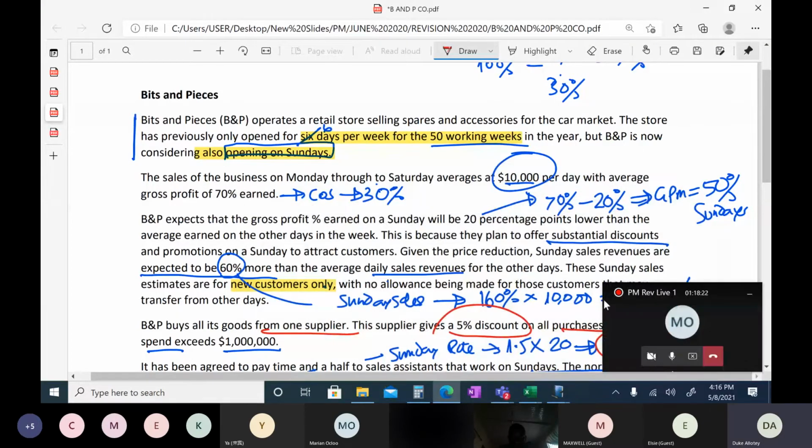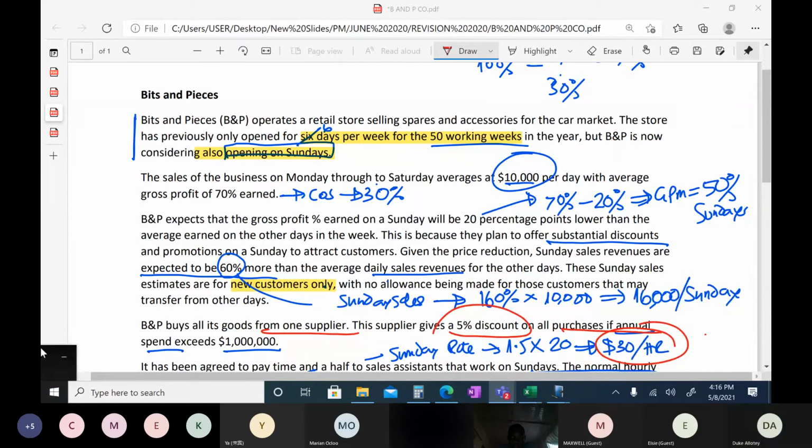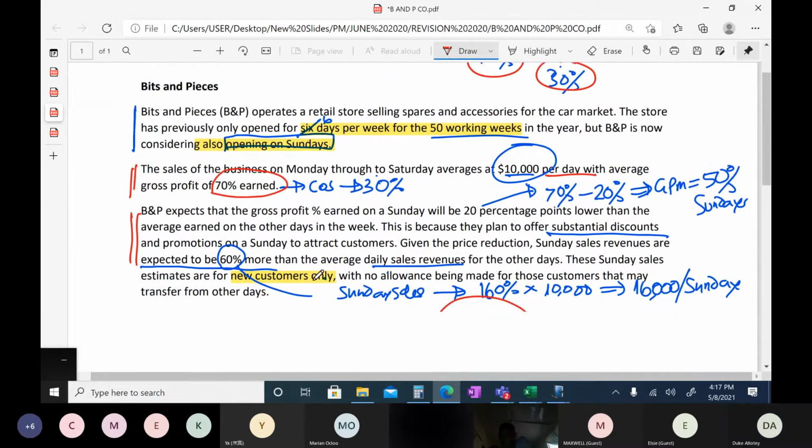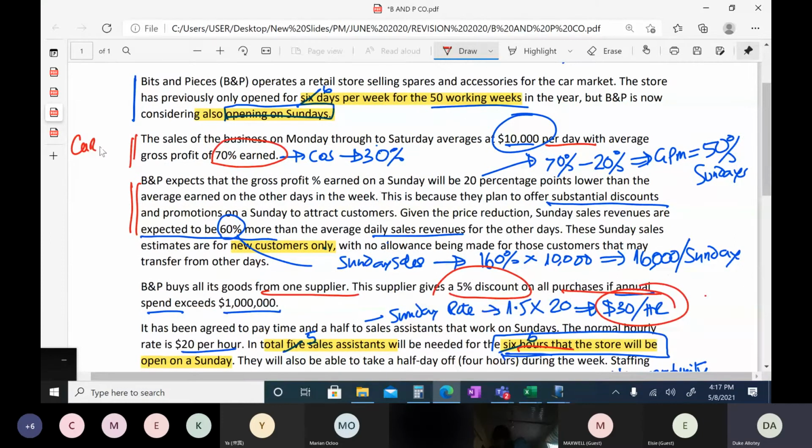Now I want everybody to be with me in reading paragraphs 2 and 3. It says the sales of the business Monday to Saturday averages 10,000 per day, with the average gross profit of 70%. Now, when they say gross profit is 70%, it means that cost of sales is 30%. And I believe we know that. So this is the current situation.